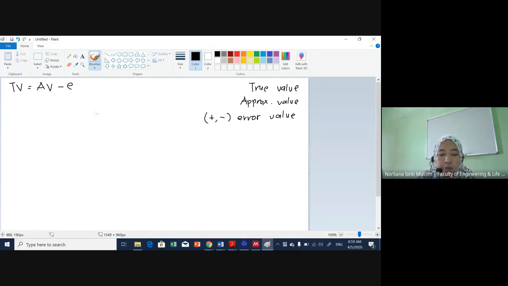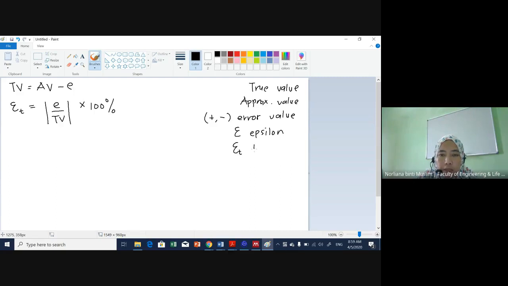Okay, so next term we have this symbol represented by epsilon T. This is a mathematical symbol called epsilon. So epsilon T is equivalent to the value of error divided by true value, and we are taking the absolute value, times 100%. So epsilon T refers to the relative error.